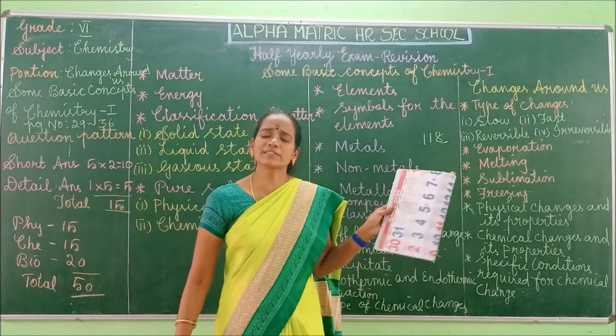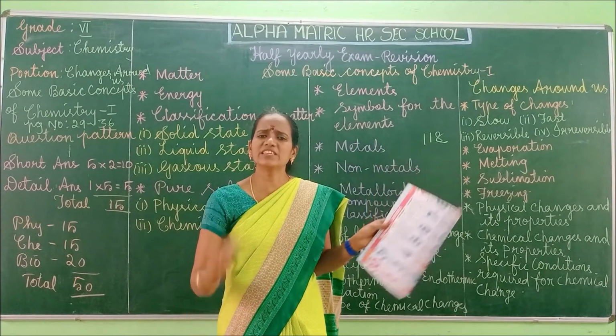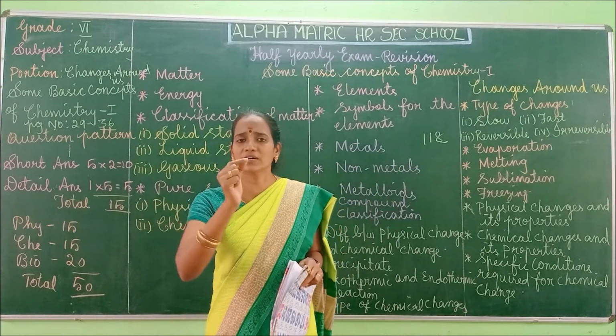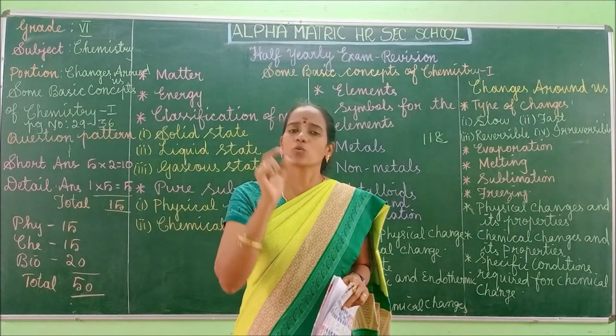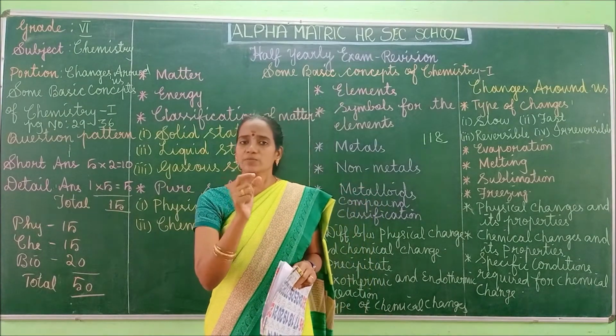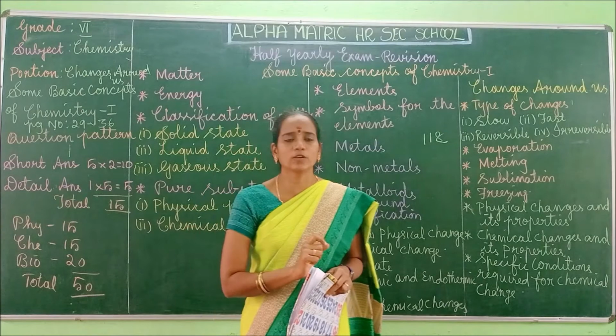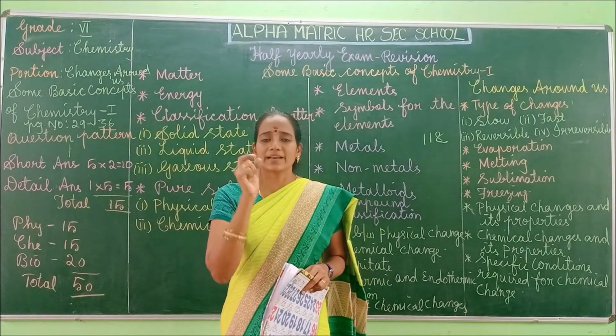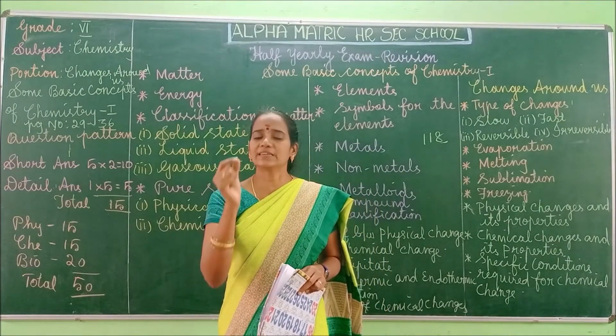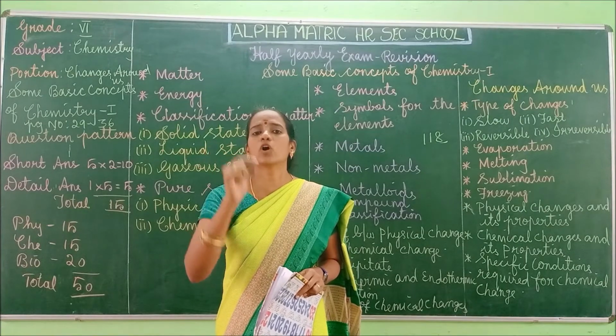Each and every one of these elements has a symbol. So an element can be represented in a shortened form called a symbol.